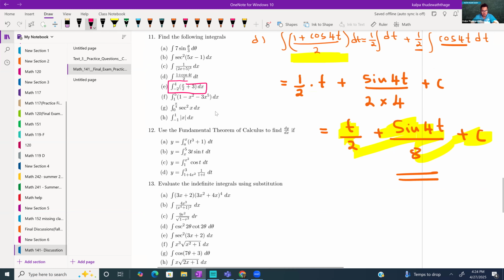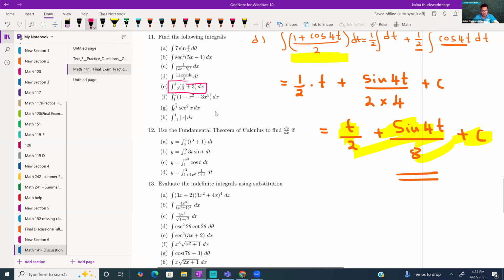Integral from -2 to 4 of x over 2 plus 3 dx. Again, you can take half out, so it's half of the integral from -2 to 4 of x dx, and 3 you can take out, and dx from -2 to 4.